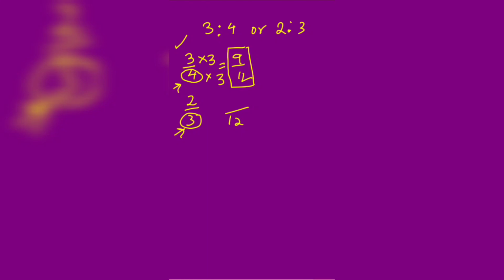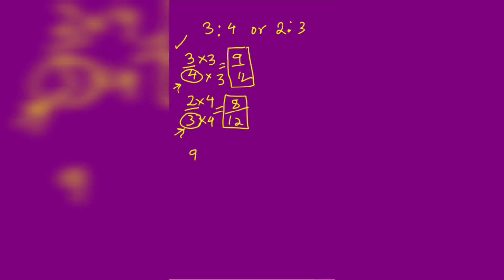Now the other one, 3 into 4 we get 12, so 2 into 4 also we get 8, so we get 8 by 12. Now it is easy for us to compare. We can easily see that 9 by 12 is greater than 8 by 12. 9 is greater than 8.